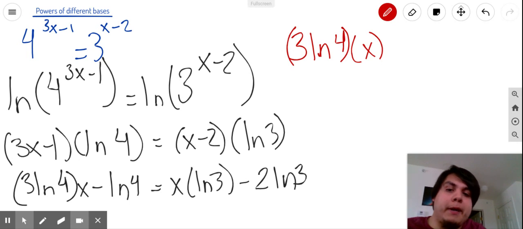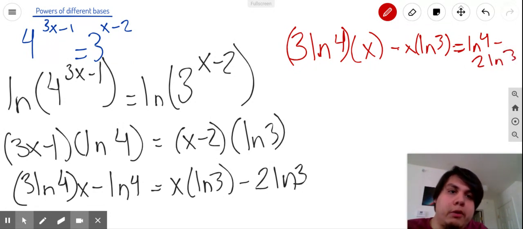Just some number multiplied by an x, minus an x times a natural log of 3. And that should equal natural log of 4 minus the 2 natural log of 3. All I did was just algebraically rewrite things just by adding and subtracting.